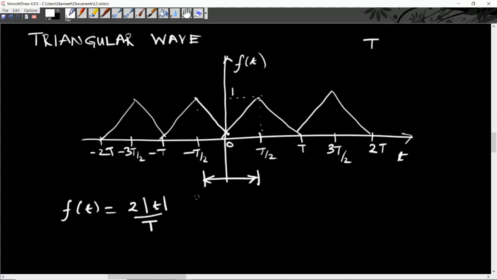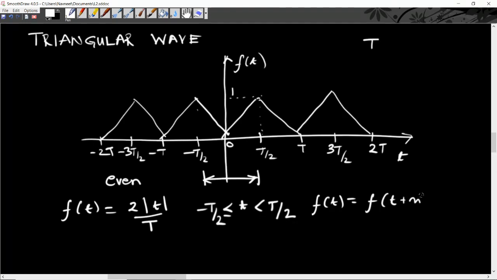So this function is an even function. It is defined for the time interval minus T by 2 to T by 2. Thereafter the function repeats itself with a period T.